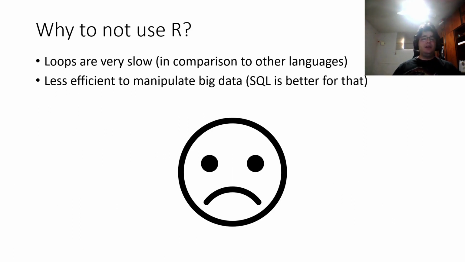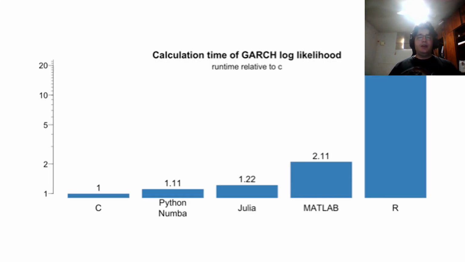And why should you not use R? First, the loops or iterations in R are very slow in comparison to other languages, and it's less efficient to manipulate big data in relation to the SQL language that was basically created for that. Okay, but let's take a look at the loops here.